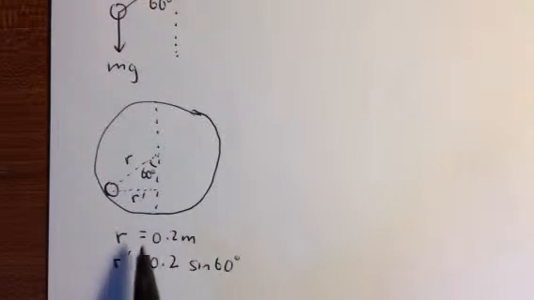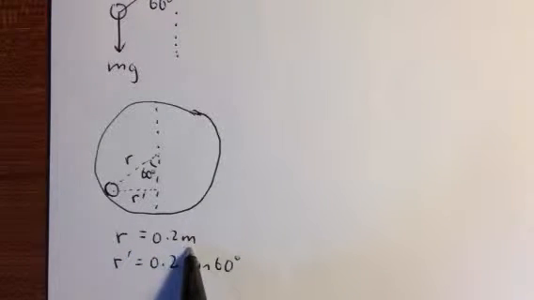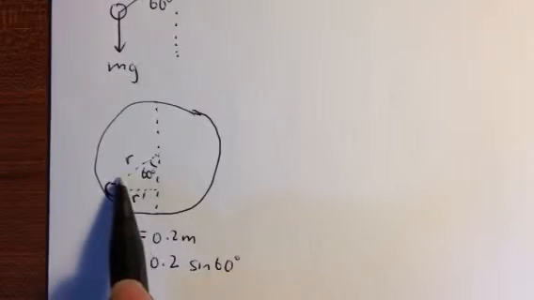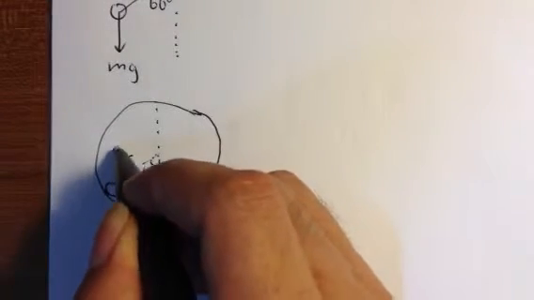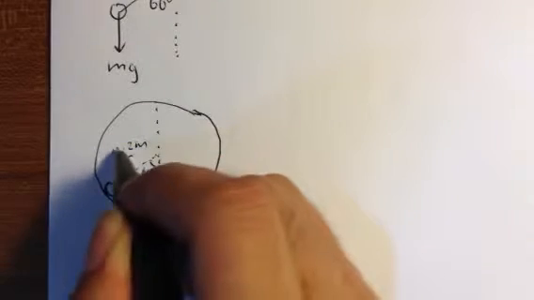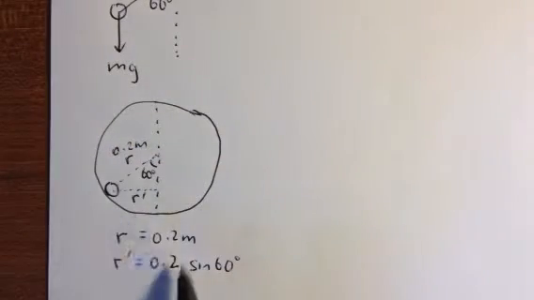When you use the equations, the radius you should be using should not be 0.2 meter, 20 cm, which I converted to SI unit, 0.2 meter. It should be r prime, 0.2 sine 60 degrees. Okay, so now having said that, let's start.